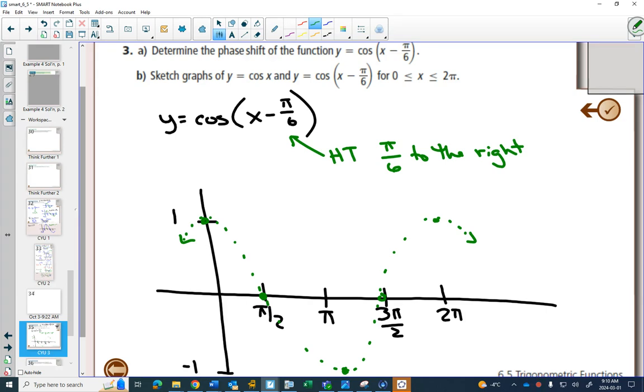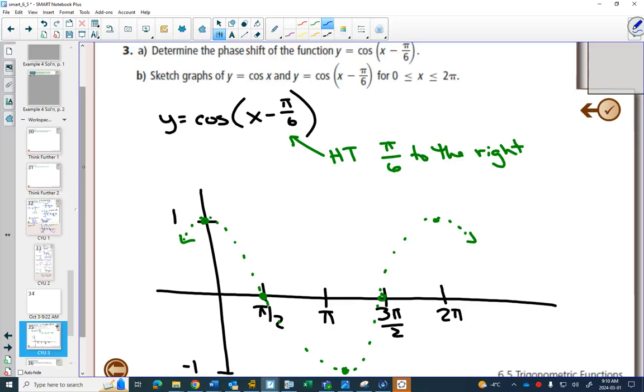And for phase shifts, we will usually draw the phase shift on the same graph. So I'm going to switch colors and go to a solid line. The trick or the shortcut for drawing the phase graph is you have to figure out where pi over 6 is. Sometimes it's helpful to think of your unit circle.